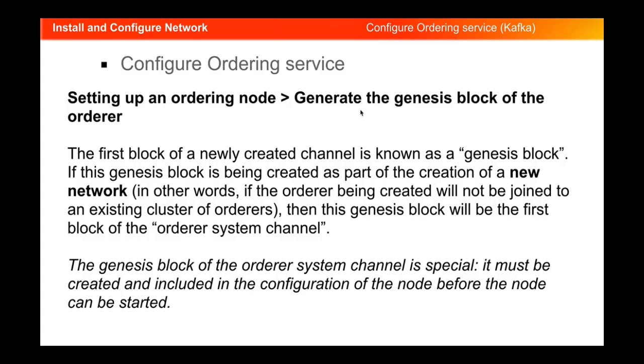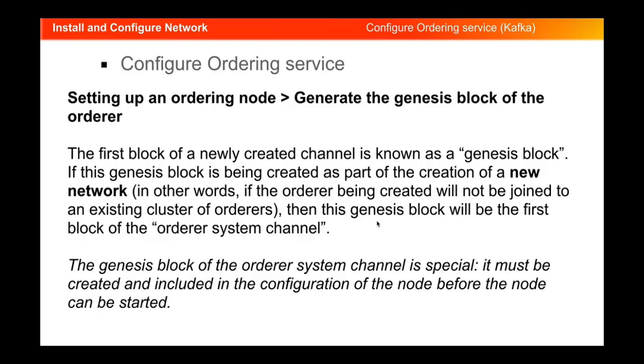Next in the process, you have to generate the Genesis block of the orderer. The first block of a newly created channel is known as the Genesis block. Since this is the first block, it's called the Genesis block. If this Genesis block is being created as part of the creation of a new network, in other words, if the orderer being created will not be joined to an existing cluster of orderers, then this Genesis block will be the first block of the orderer system channel.